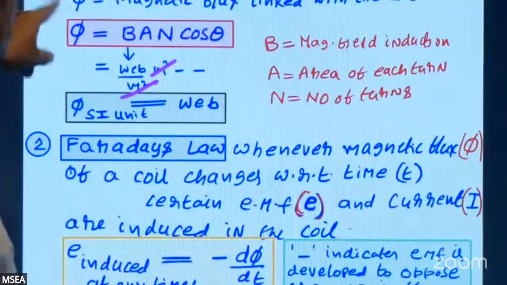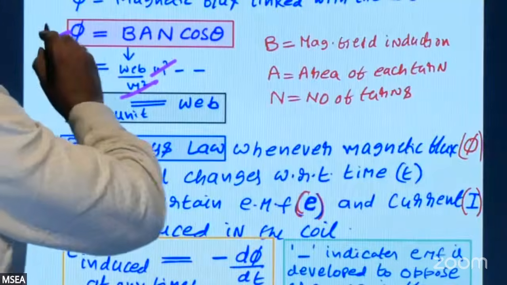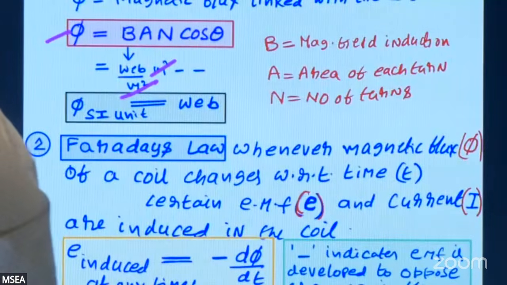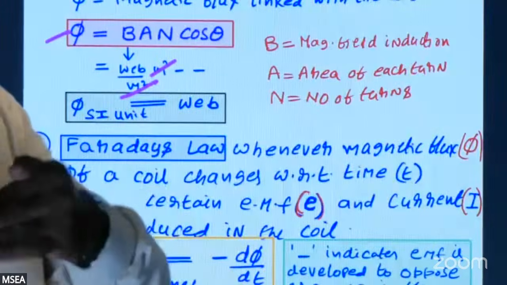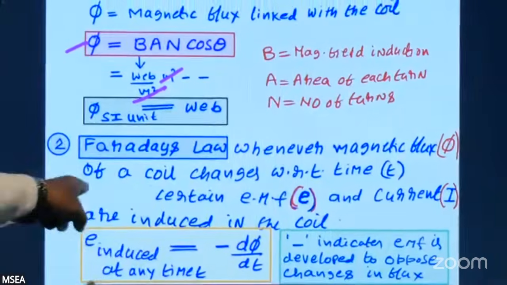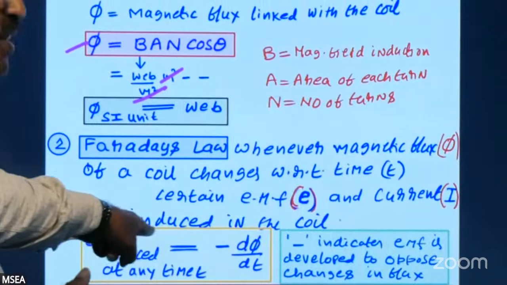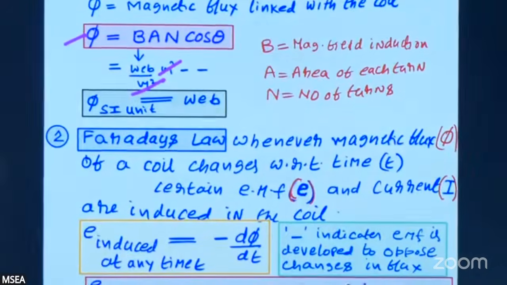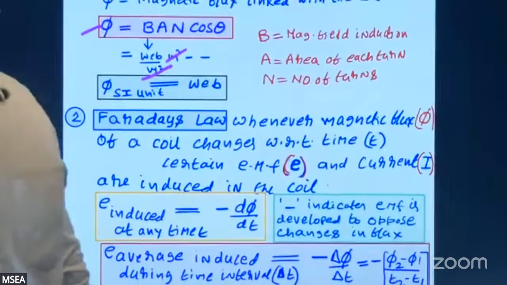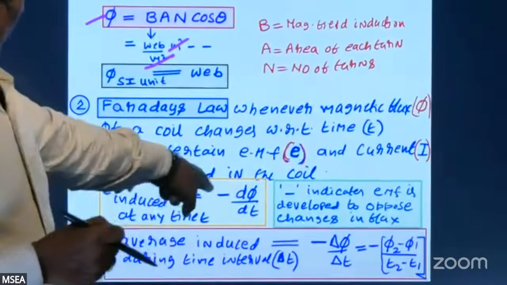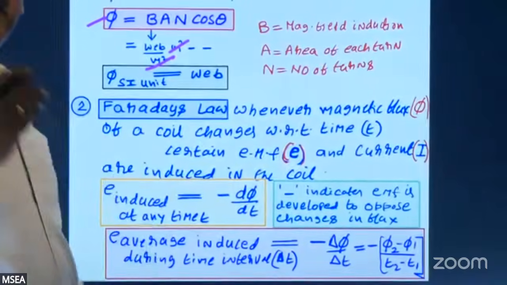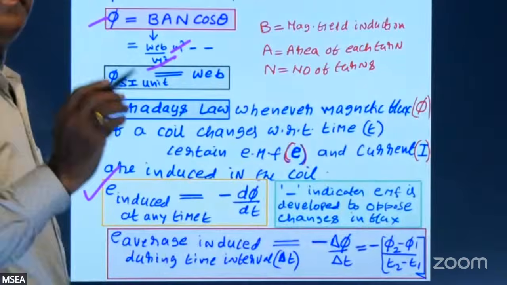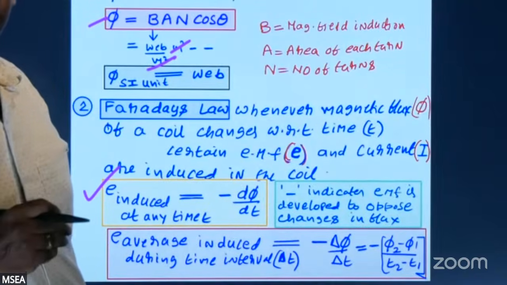Faraday's law says that whenever the flux linked with the coil is changing with respect to time, as time changes, flux changes, then some EMF is induced in the coil and current is induced in the coil. That EMF induced in the coil at any time t is given by minus d phi by dt.